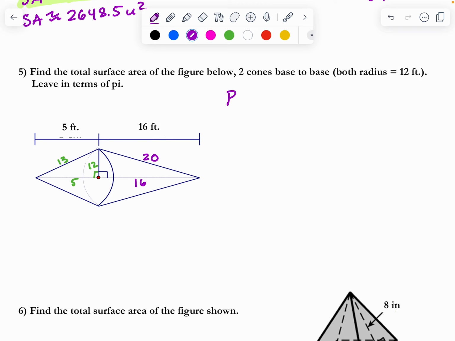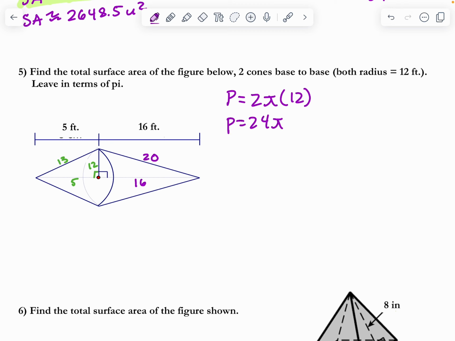That's pretty much all I need to start solving for this total surface area. First, let's start with the perimeter. The perimeter is 2 pi r, sorry, you can tell I'm sick. So 2 pi r with r equal to 12. Remember, the perimeter of a circle is just the circumference, 2 pi r. So my perimeter here is 24 pi.